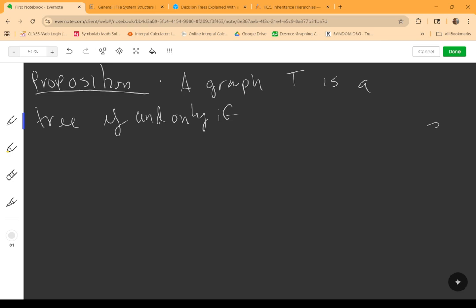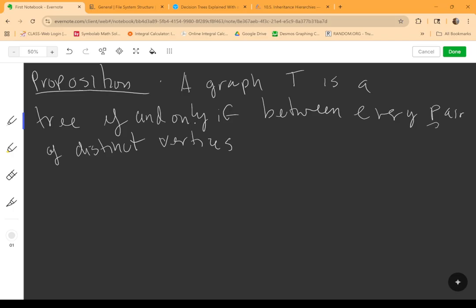If and only if between every pair of distinct vertices of T, there is a unique path.